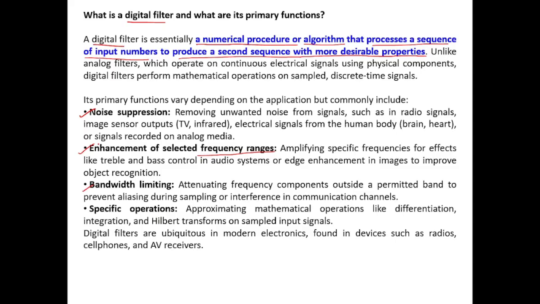The last one is specific operations. We can do specific operations like differentiation, integration, and Hilbert transforms, and in this way they are quite helpful. So digital filters have become quite ubiquitous in modern electronics, including medical devices.